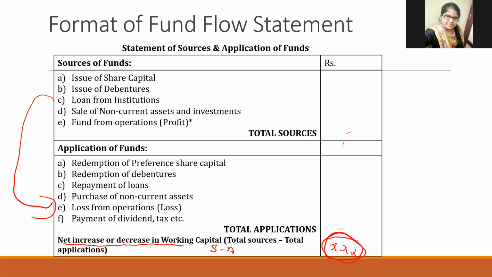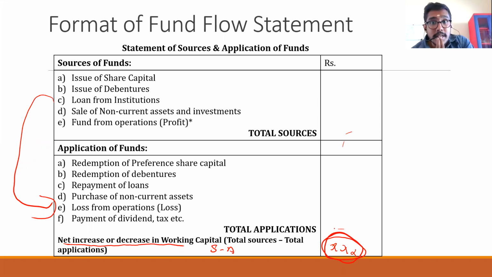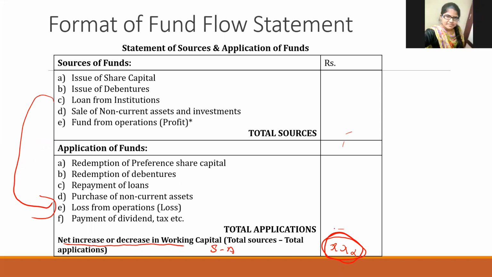This amount will be equal to the amount that we received while preparing the statement of changes in working capital. Clear? That you have to understand. So the fund flow statement deals with non-current assets and non-current liabilities. The statement of changes in working capital, on the other hand, deals with current assets and current liabilities.